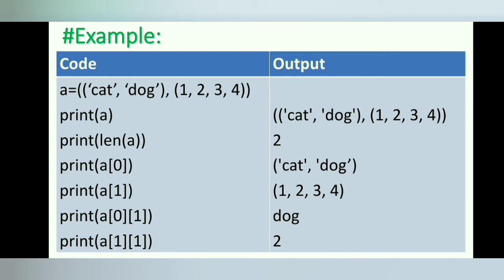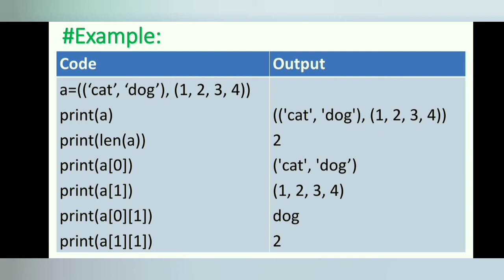The statement print a[0] will display the first item in the tuple, which is also a tuple of 2 items, cat and dog. The print a[1] will display the second item in the tuple, which is also a tuple of 4 items, 1, 2, 3, 4. The print a[0][1] will display the item dog.